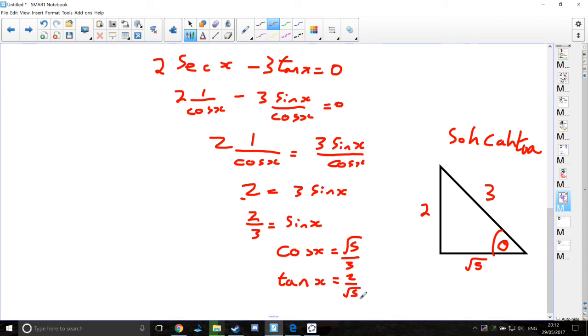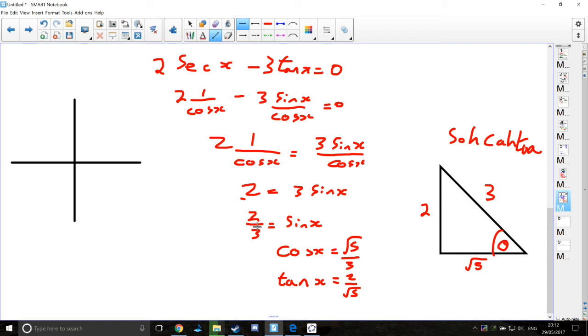Lovely. Just another quick thing on this. It's a good idea to check what signs these should be as well. Now, in this case, they end up both being positive. I'm just going to show you quickly as to why. We've got the cast diagram to help us.